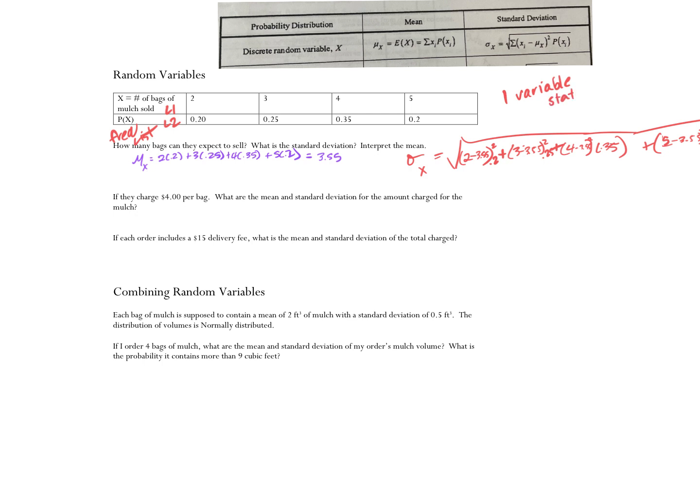So if this is on the multiple choice, I would not do this process. I would throw them into my calculator and do the one variable stats using L2, the probabilities, as a frequency list.